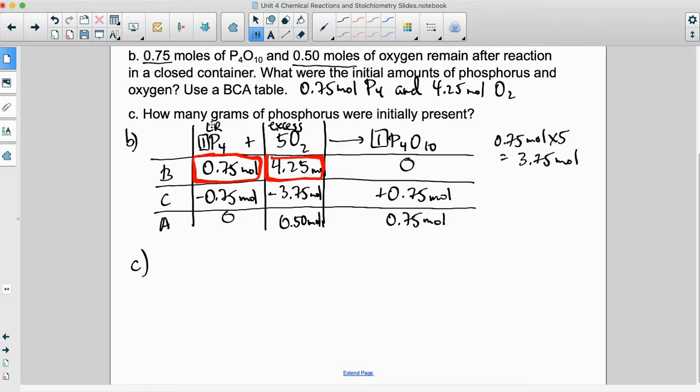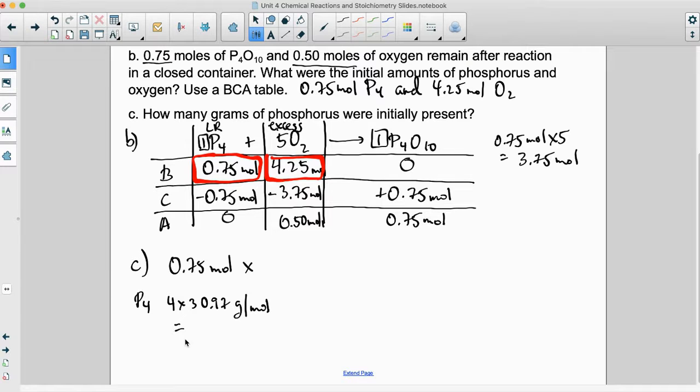Part C asks how many grams of phosphorus were initially present. Well, we have the moles of phosphorus. Do you remember how to change moles into grams? We use the molar mass. So our molar mass of P4 would be 4 times 30.97 grams per mole.